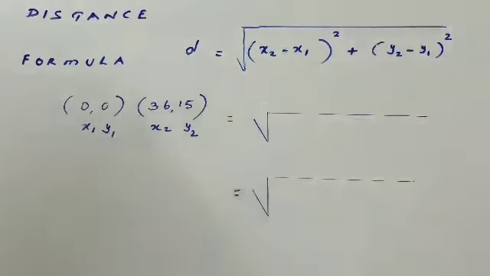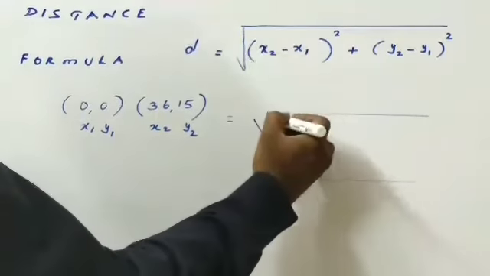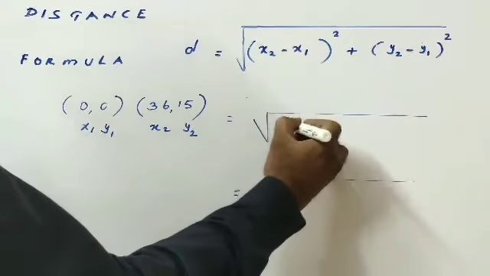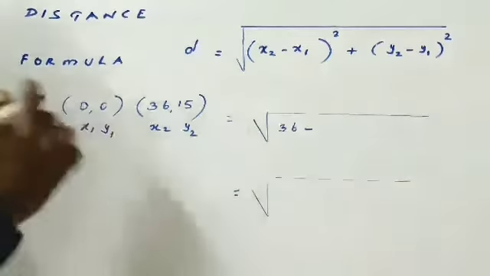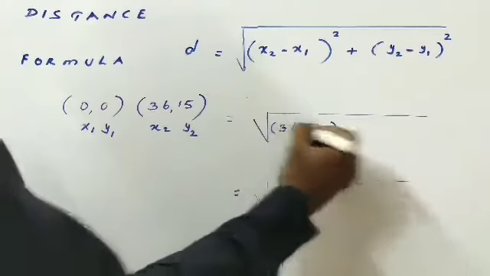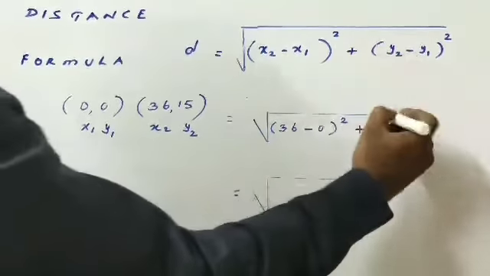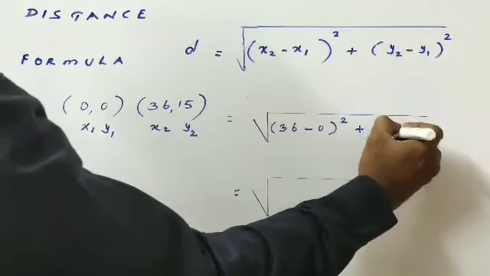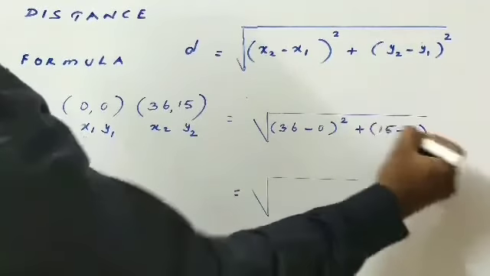Now applying these values in the formula, x2 that is 36 minus x1 that is 0, plus y2, 15, minus y1, also 0.